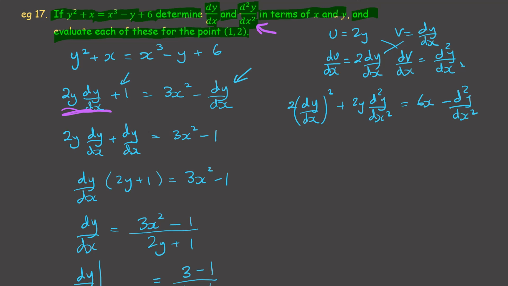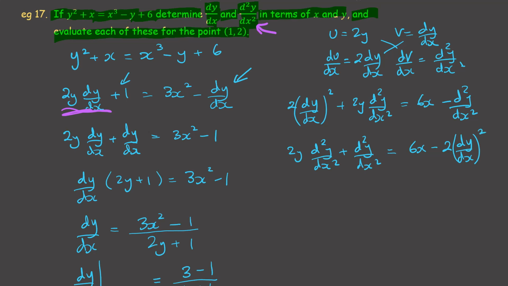So let's get all the d²y/dx² onto the one side. So I've got 2y d²y/dx² plus d²y/dx², and that will be equal to 6x take away 2 (dy/dx) all squared.